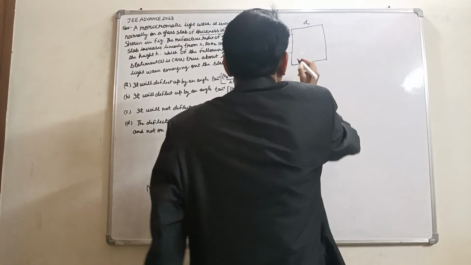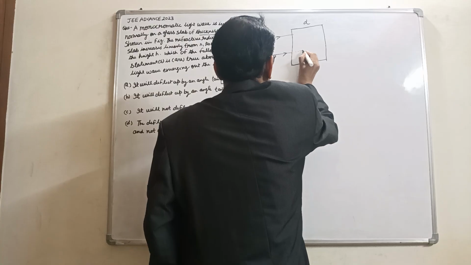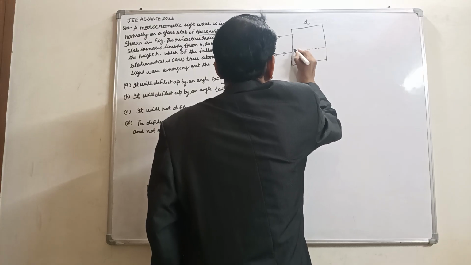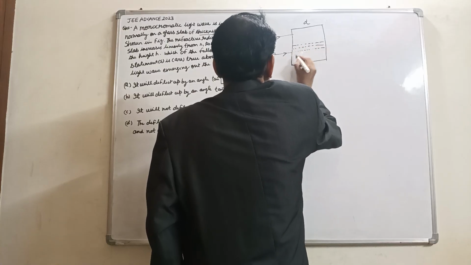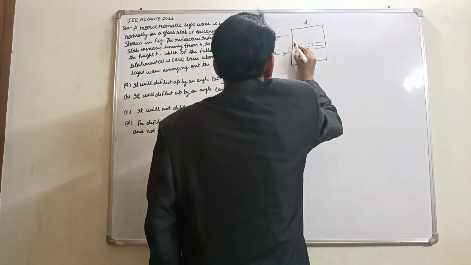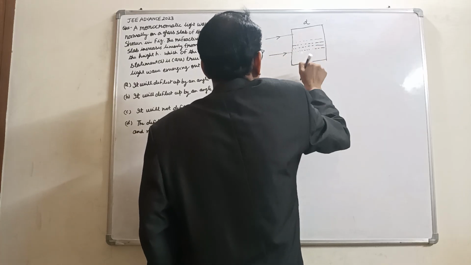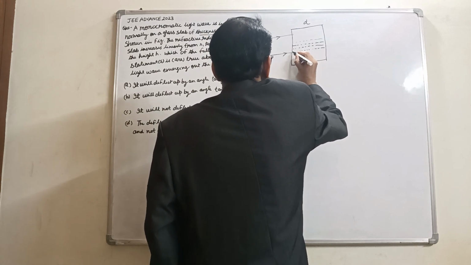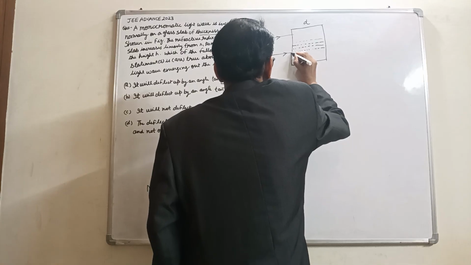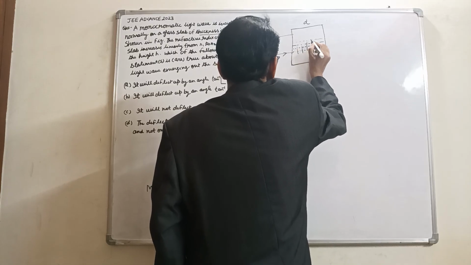On incidence, we assume layers of the material, and the normal would be perpendicular to these layers. When this light wave enters, this is the normal, and this is the normal.